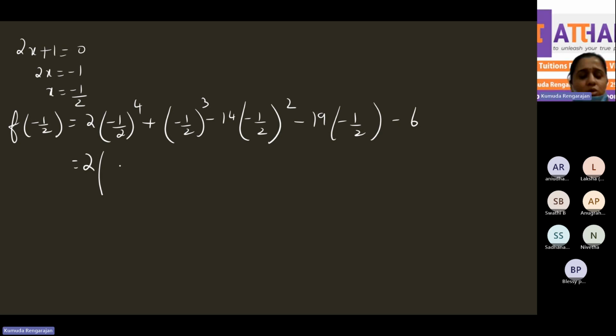No problem. Take your time. 1 by 2 into 1 by 2 is 1 by 4. 1 by 4 into 1 by 2 is 1 by 8. 1 by 8 into 1 by 2 is 1 by 16.